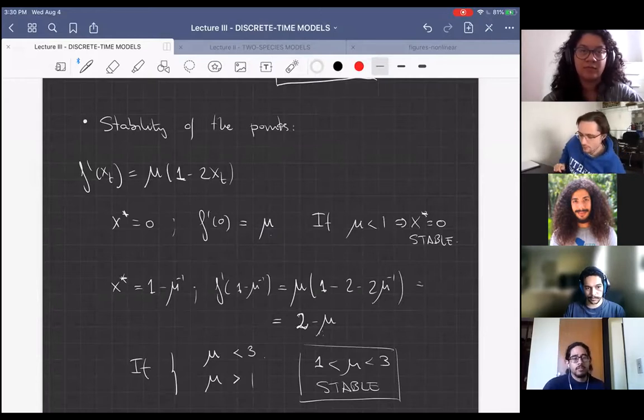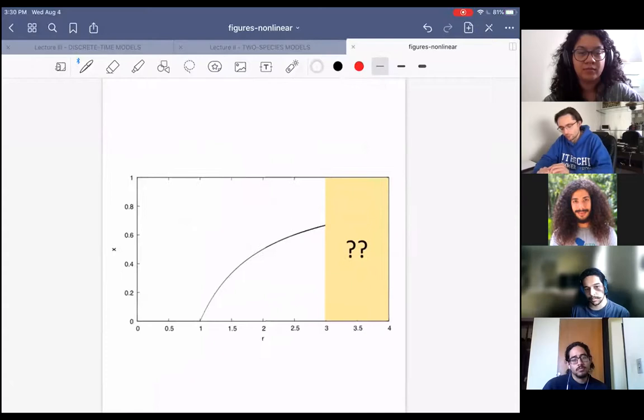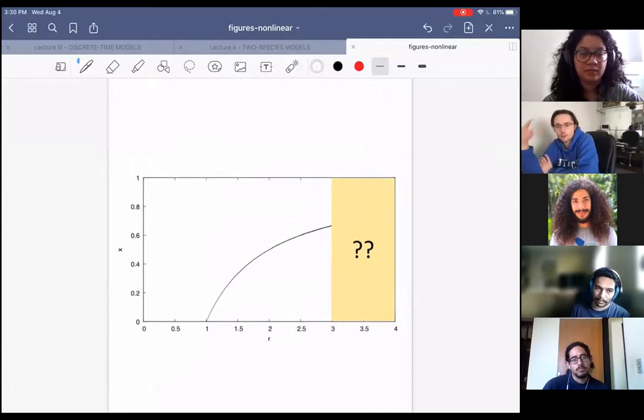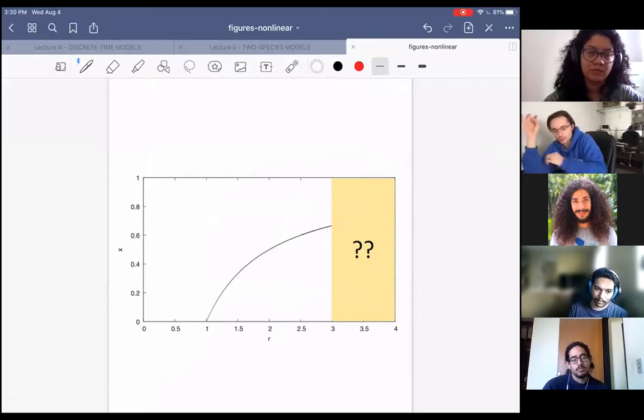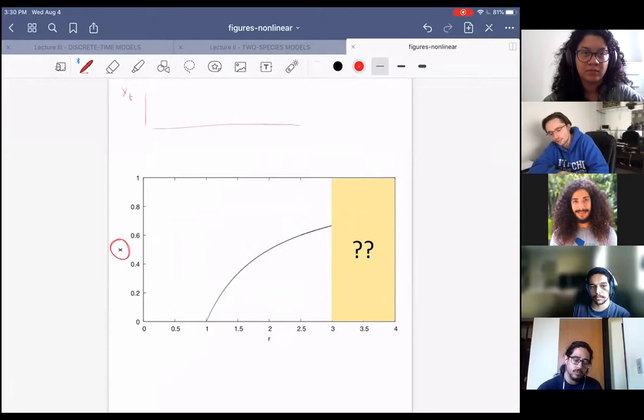So what does this mean? Now we are going to discuss everything in terms of figures. This means that if I allow this model to iterate many times, let's explain it this way: I'm going to take x of t and iterate it over many time steps, I don't know, 1,000,000 time steps.